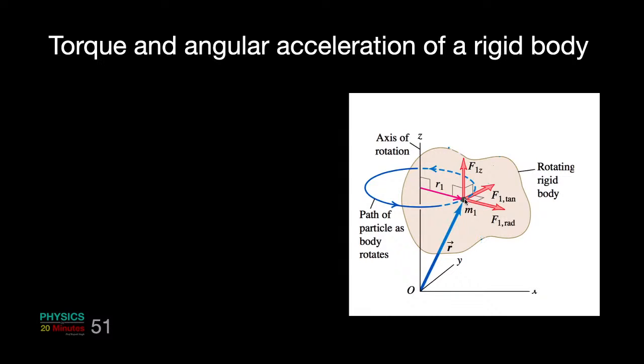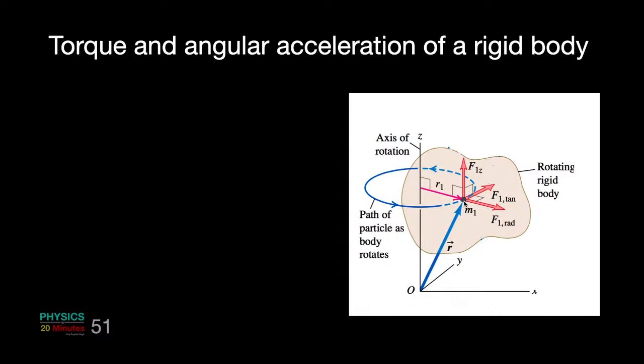Now this point can experience a force which can be resolved into three components. One is the radial component along the radius, one along the z-axis, and one is the tangential component, which is F tan. Now remember, the radial component will not produce any rotation about the z-axis.